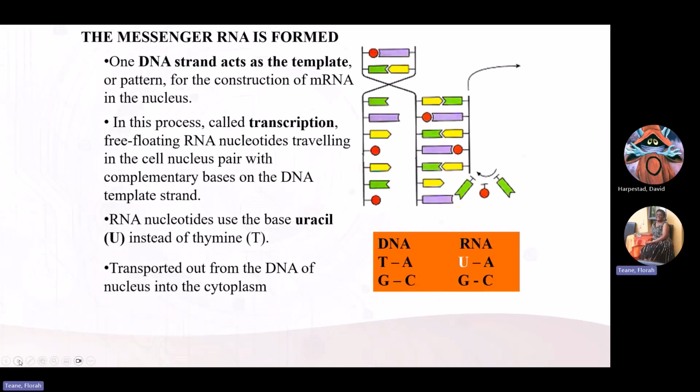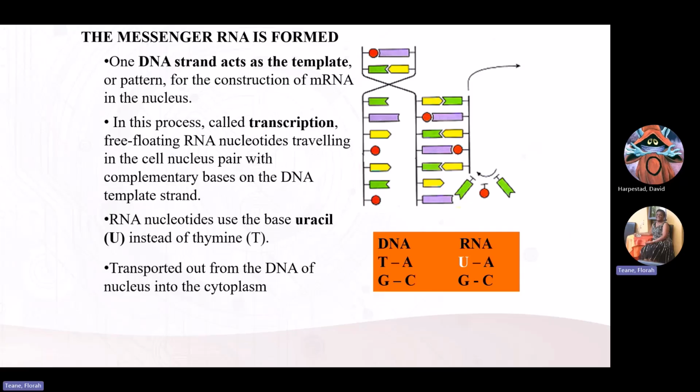Okay, look at this diagram here. This is the same DNA that I was talking about. It has got 2 strands. It's a double helix, unlike RNA. Now, what happens during protein synthesis?